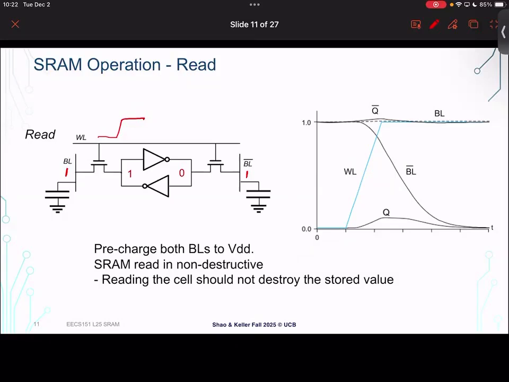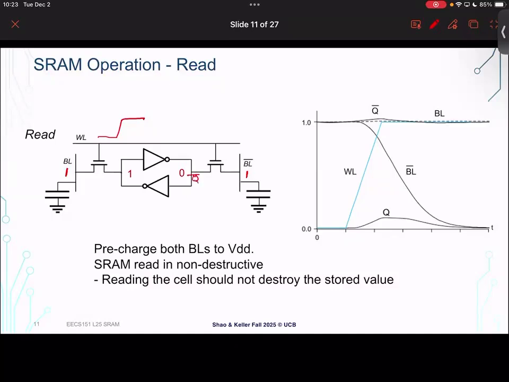So now let's think about what's happening as we turn on the word line. Well, on the left-hand side, both sides of that access transistor are 1, right? So nothing's happening. So bit line is keeping its value. On the right-hand side, the bit line bar is 1, but the Q bar node here is 0. Right?